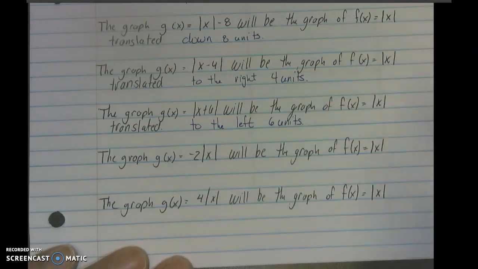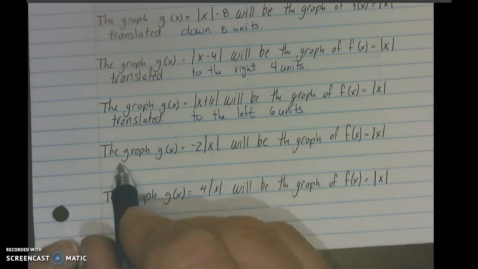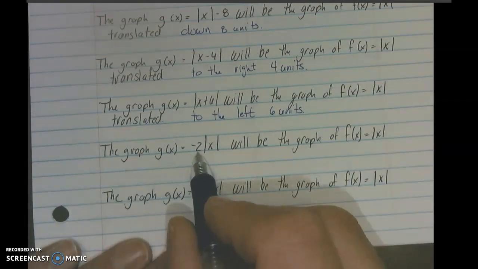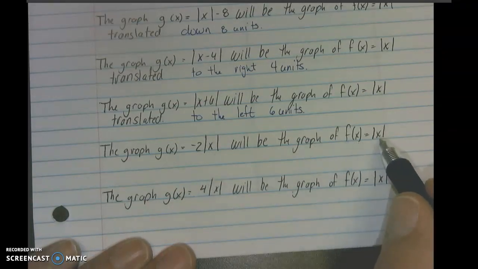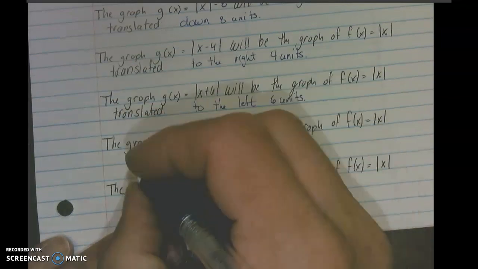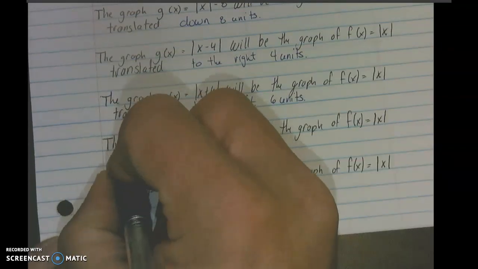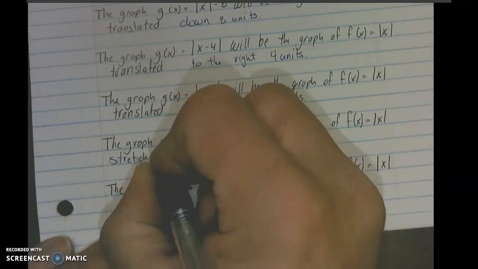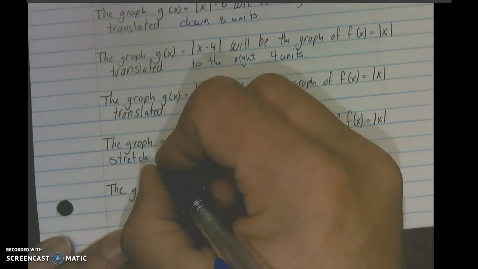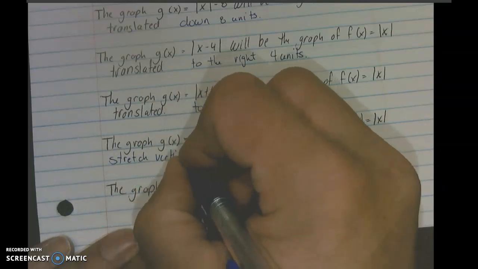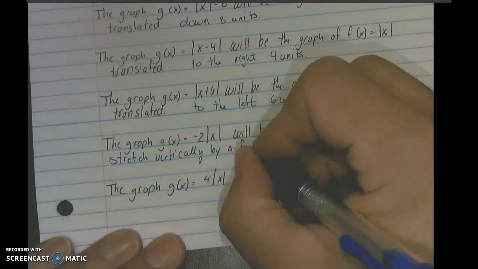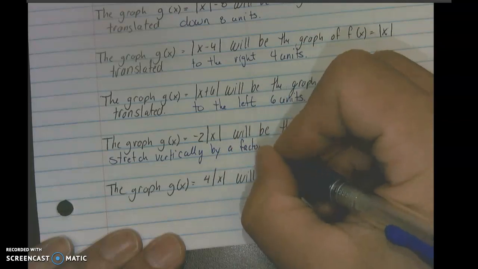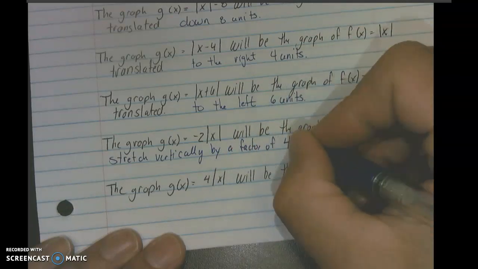Okay. All right. This one's going to be a little bit different. The graph g of x is equal to negative 4 absolute value of x will be the graph of f of x is equal to the absolute value of x. And this time we are going to stretch it vertically by a factor of 4.